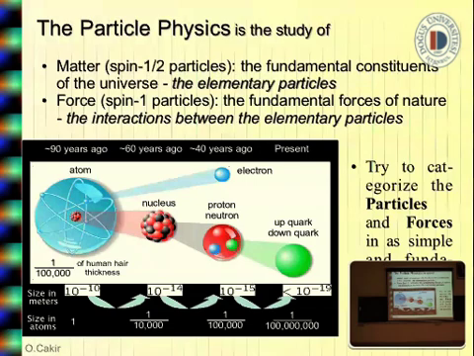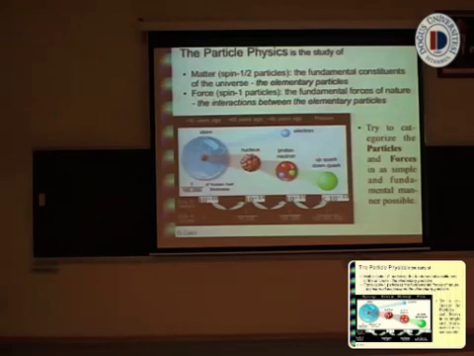We call them the elementary particles. Force means spin 1 particles, the fundamental forces of nature. There are some particles carrying the forces which have spin 1. I will mention them in the later slides.